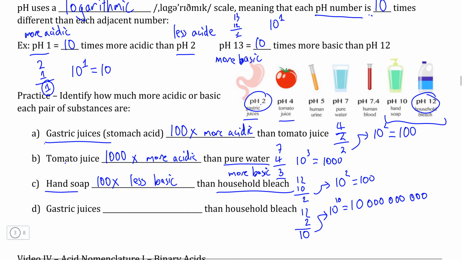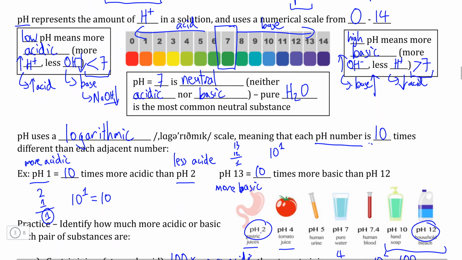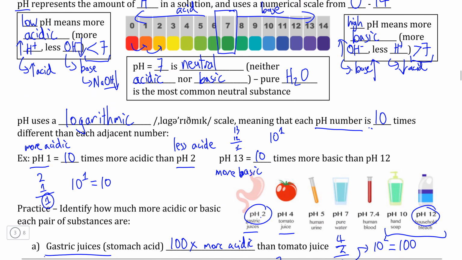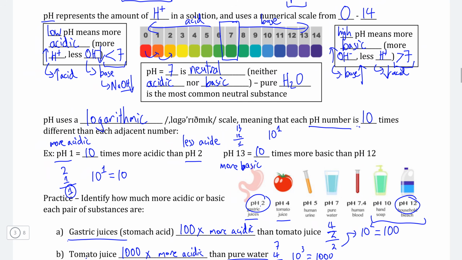So we can say that stomach acid, or gastric juice, is 10 billion times more acidic than bleach. So this tells us how much of a difference the pH scale actually makes, because once again, every level of the pH differs by a factor of 10 rather than working linearly.